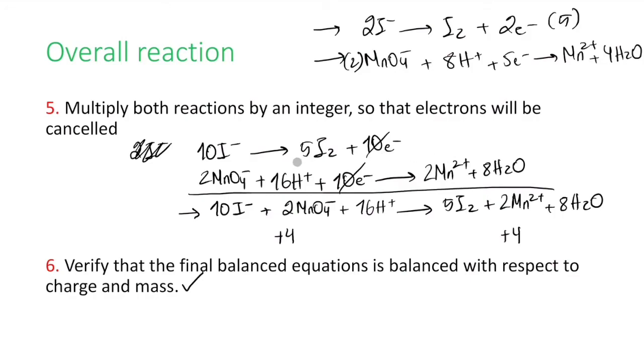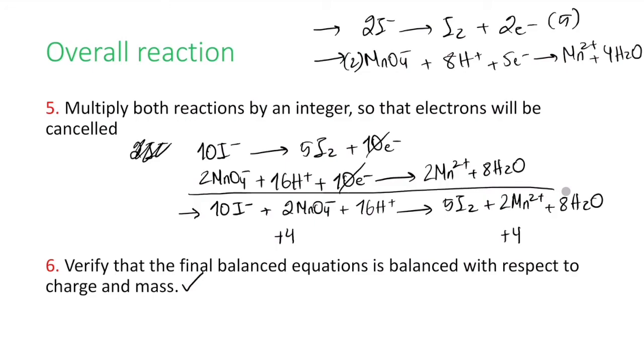Now, concerning the acidic medium, when we perform the reaction in acidic medium, we can balance the hydrogen atoms by adding hydrogen ions, and we can balance the oxygen atoms by adding water molecules. And the sequence of steps should be respected.